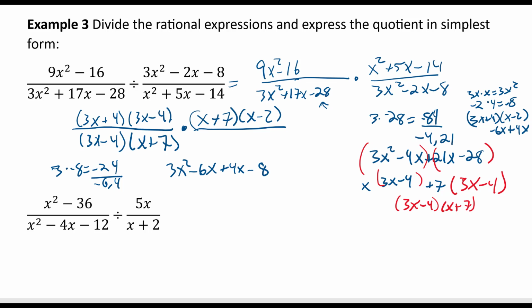And then our first grouping together, I have 3x times x minus 2 plus 4 times x minus 2 to give us 3x plus 4 times x minus 2.